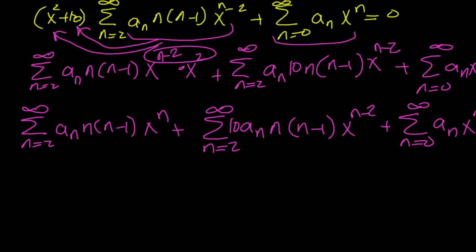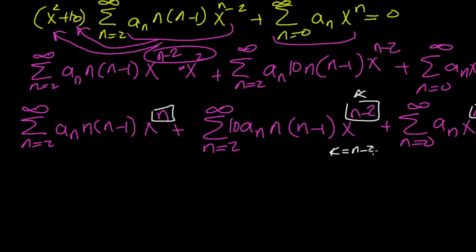Then we saw in the past that in order to put these together, we need this is n minus 2, and this is n, and this is n. So the n's work, and we can just put k for them, but this other one we need to introduce a new variable, which is k.